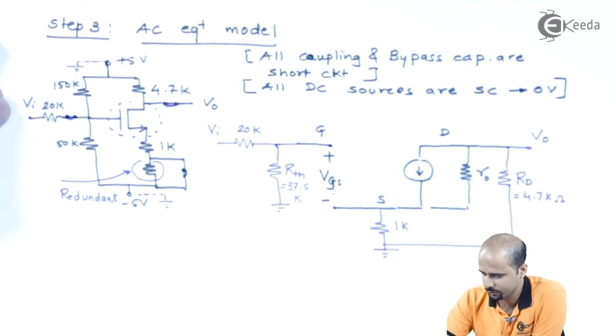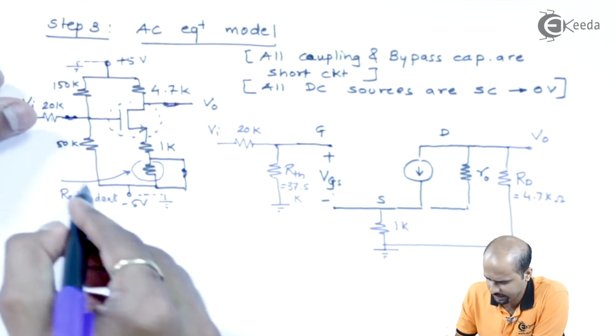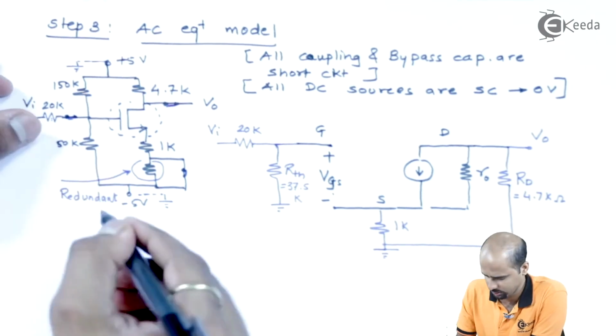Now we just have to find out the value of AV, right? As we all know, the formula for AV for the unbypassed circuit, so voltage gain, we will directly write the particular formula.